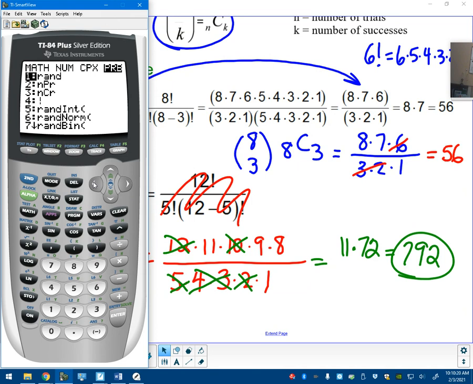The problem is you have to have the first number in first. So to do 8 choose 3, I would have to put in the 8, math, probability, go down to number 3 and put the 3 in and then hit enter and it gives me the 56. So go ahead and practice that with the 12, the 15, and the 45 and 18 and see what you get as your answers.